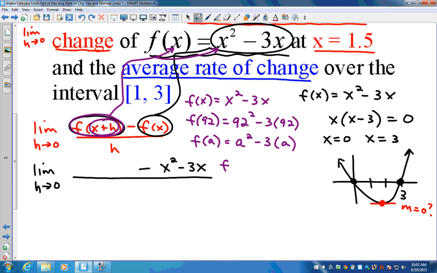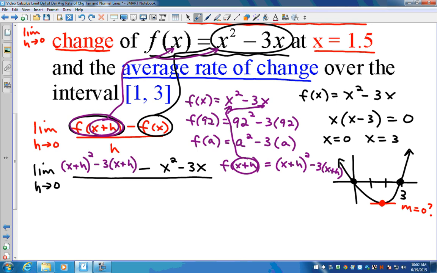What's f of x plus h? Well, it's x plus h, the quantity squared, minus 3 times x plus h, right? I'm just taking x plus h and I'm substituting it into the equation for x. All right, so x plus h, quantity squared, minus 3 times x plus h.